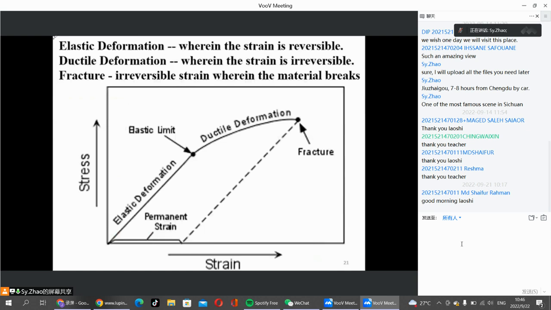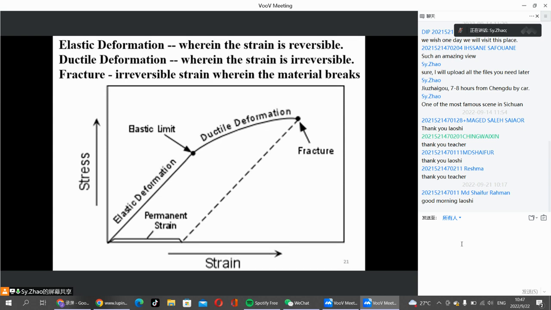And here you also need to recall what elastic deformation is. After it, ductile deformation happens, and at last, eventually, fractures develop, wherein the material breaks, in such a relationship between the stress and strain.